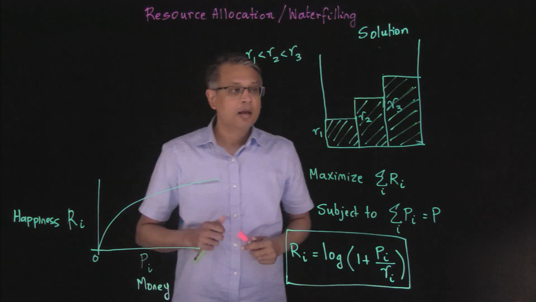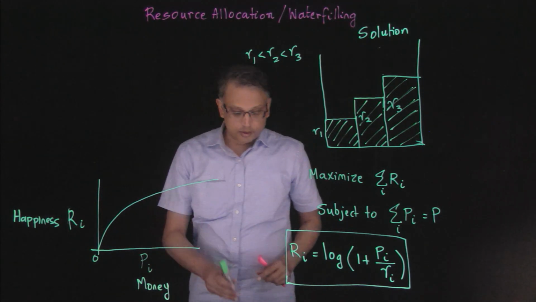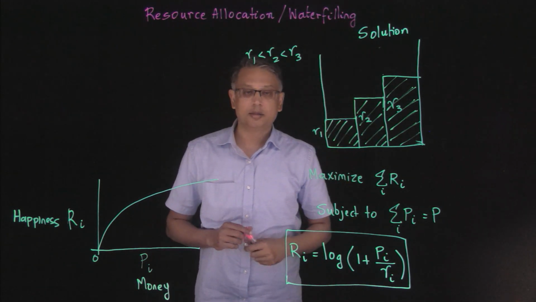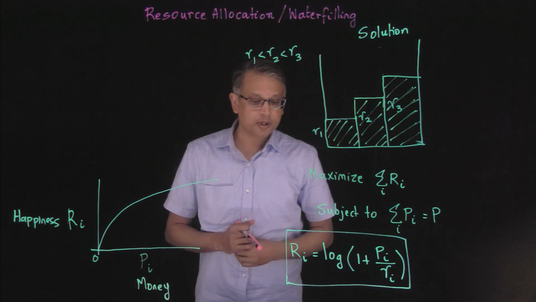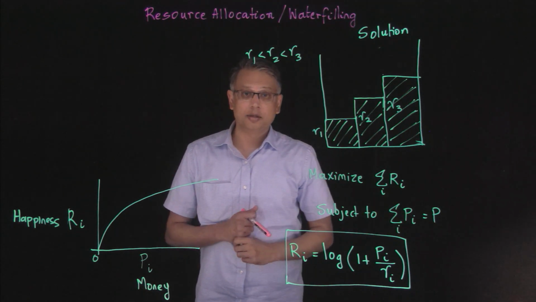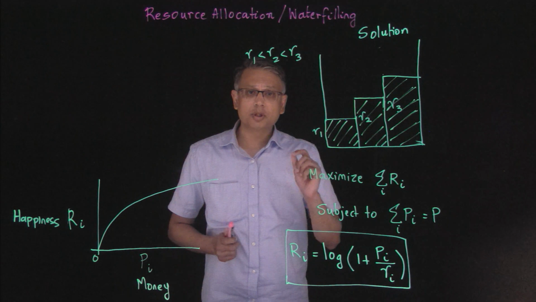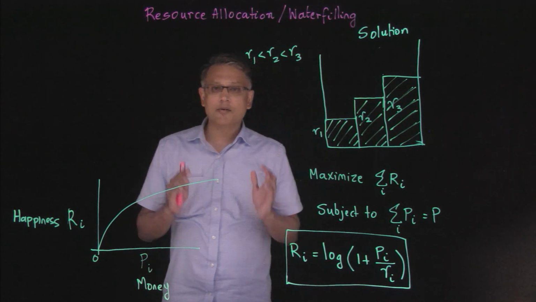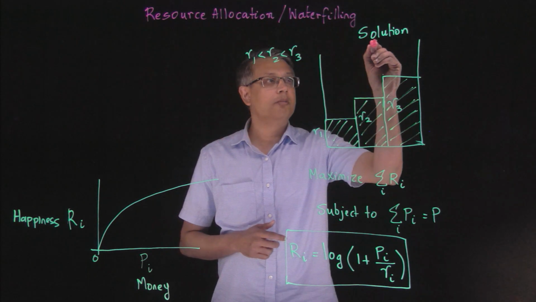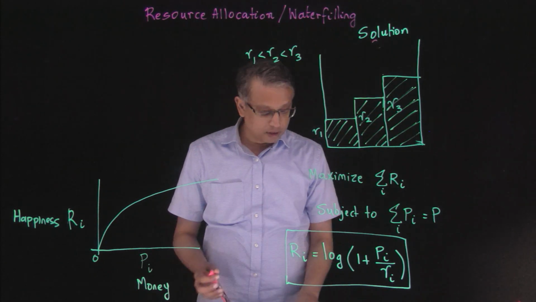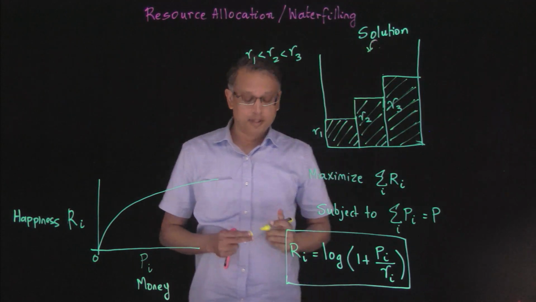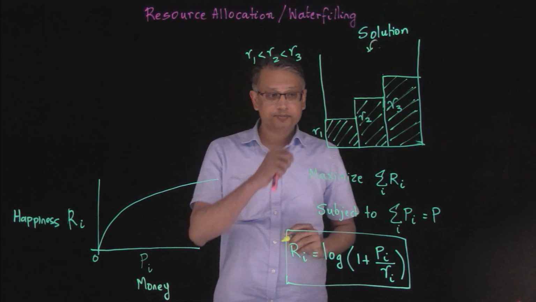Okay? Now what the solution tells you is this. Let's think of pouring water into this water tank, and we're going to pour p liters of water into this tank. So let's think about what would happen if you have a very little amount of water to pour into this tank. I'm going to pour the water from here and assume that the laws of physics work so that the water will flow to the bottommost point in the tank.